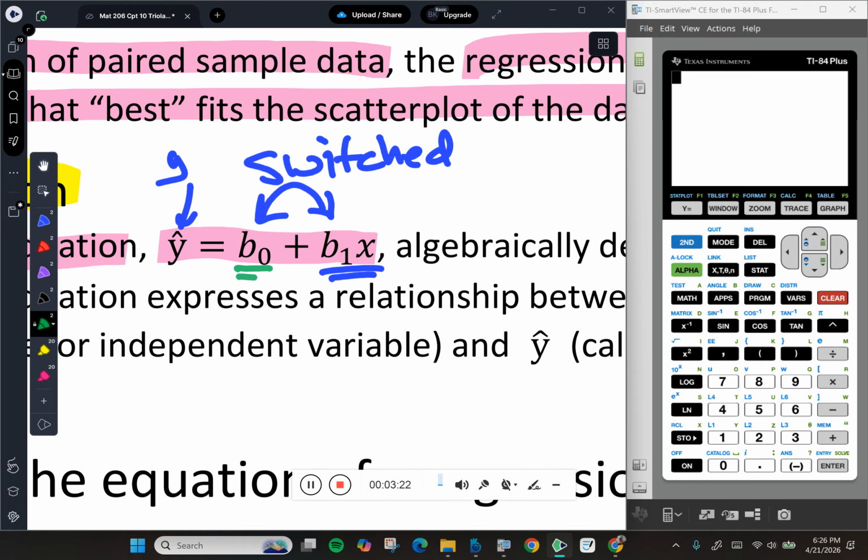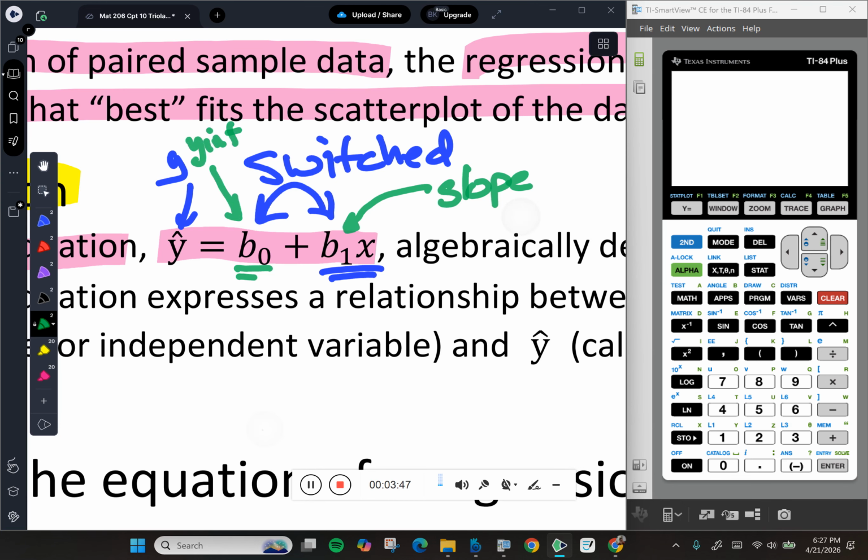And then, to make things even harder, we swapped out m and replaced it with b1 for our slope. And we swapped out plain old b and replaced it with b sub 0 for our y-intercept. Why did they do this? I have no clue.